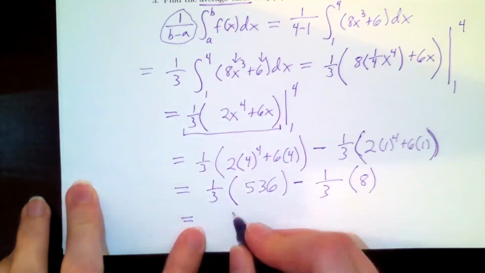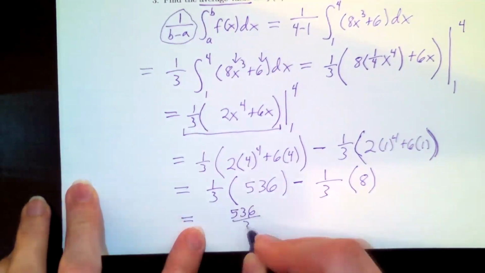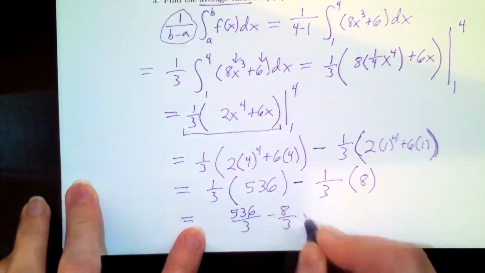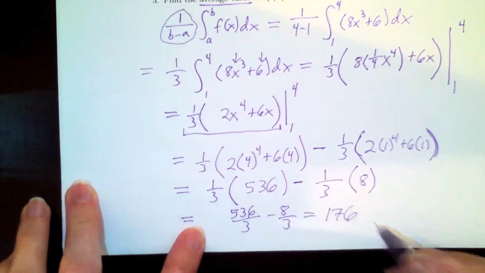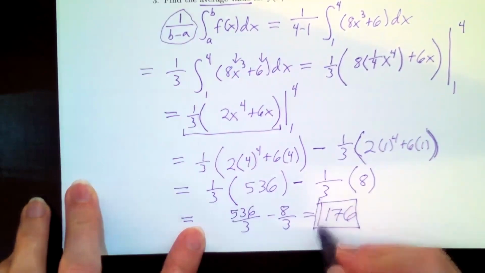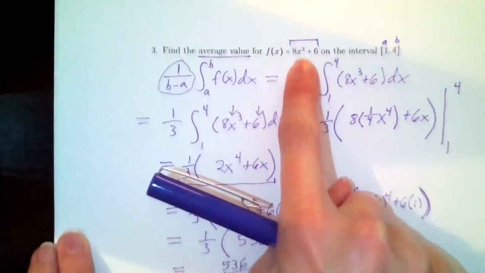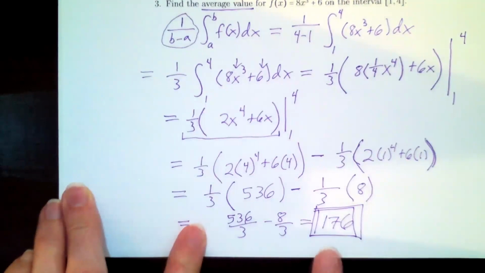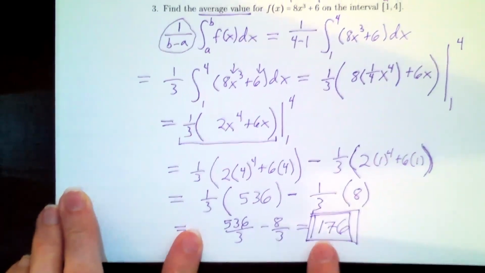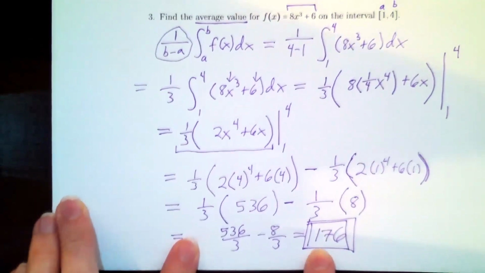We now get 256 over 3 minus 8/3, which is 176 when you punch it out. This is the average value of this function between the values 1 and 4. The average y value that the function takes on is a height of 176.